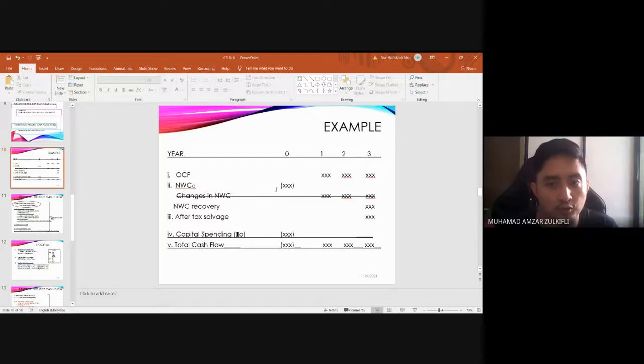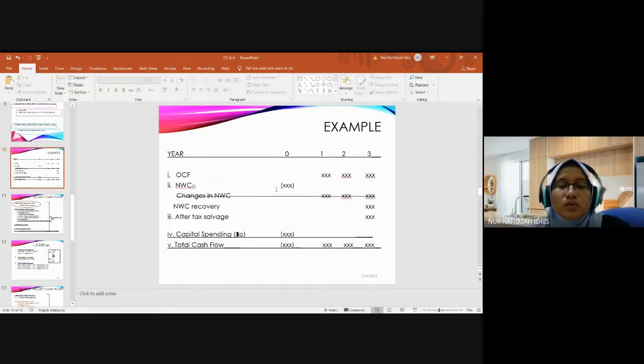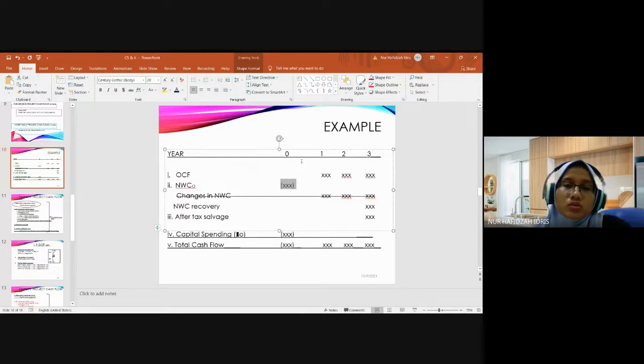Outflow, cash outflow, duit keluar. So when the company requires 50,000, that means the company needs to cash out their money. So therefore, itu adalah cash outflow. Remember, cash outflow, duit keluar. Company require 50,000, so that means company kena keluarkan 50,000 sebagai permulaan untuk projek tu.